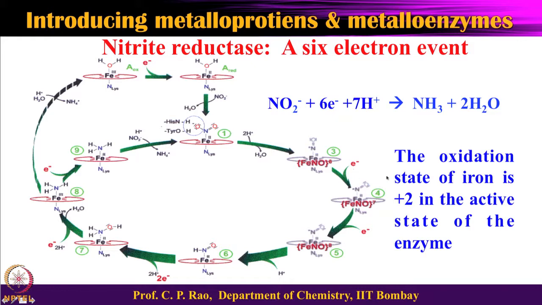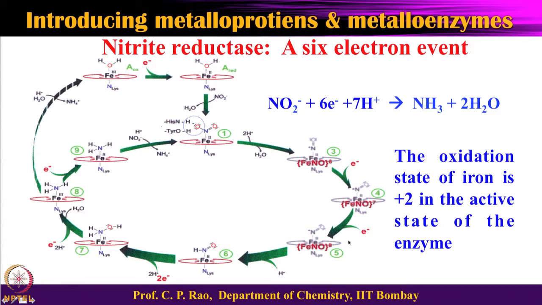Now, with further reduction by one electron, that electron gets into this particular part, and therefore the binding of the FeNO now becomes bent, which is again computed by DFT.